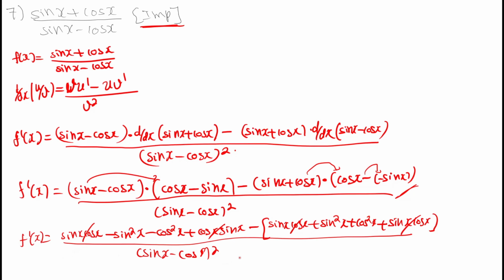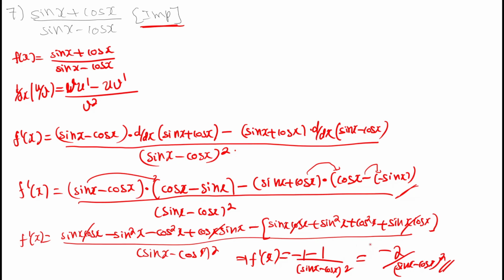So that f dash of x is equal to, see, minus sin square x minus cos square x is minus 1. Again here see minus into sin square x minus sin square x minus cos square x minus 1 divided by sin x minus cos x whole square is there. So that minus 1 is minus 2 divided by sin x minus cos x whole square will be the derivative of the given function.